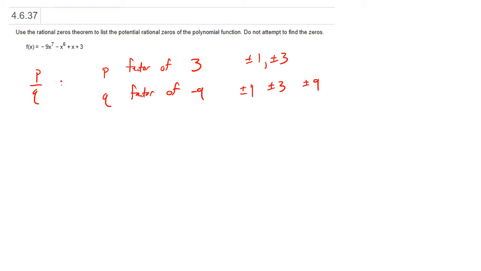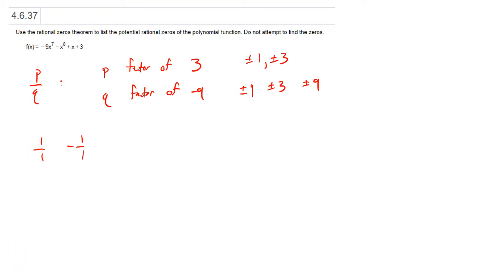So let's see what we can get. I can get 1 over 1, or I could get -1 over 1. What I'm not doing is listing 1 over 1, 1 over -1, -1 over 1, -1 over -1. As we mentioned on the last slide, there's going to be some duplication there. So I'm just making each possible choice up to a plus or minus, and then remembering that I'm going to have both the positive and the negative.